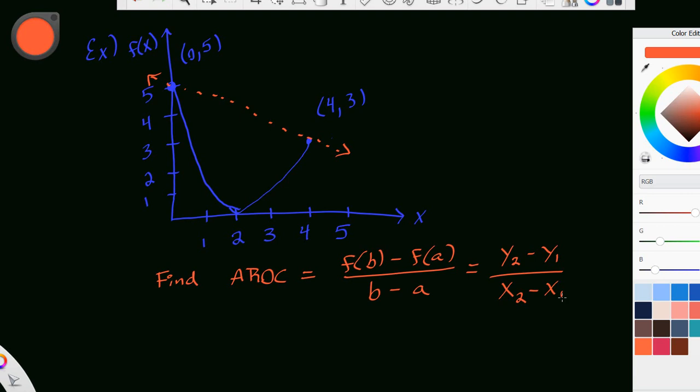So if you have 2 points, you're going to subtract the y's and divide it by the x's subtracted. So in our case, what that's going to be is 3 minus 5, so the 2 y points, subtracted by 4 minus 0.